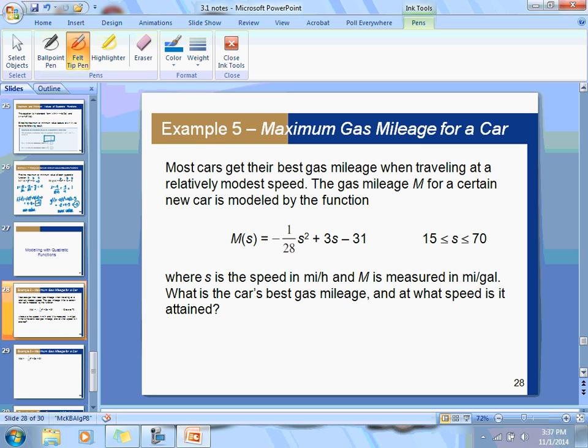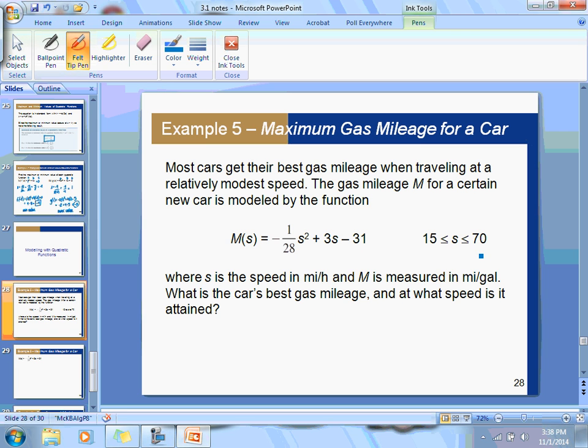M of S equals negative 1 over 28 S squared plus 3S minus 31. And they give us a specific domain here for S. It says we have to stay between 15 and 70. And it says S is the speed in miles per hour.